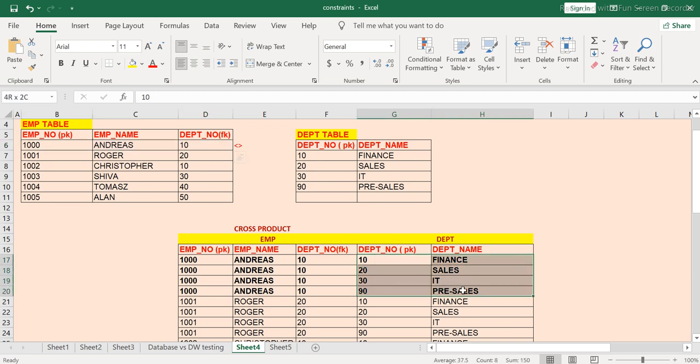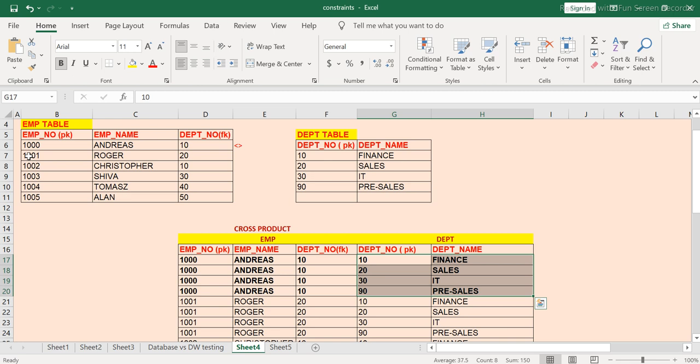This is the department number of the department table, and then the department name of this table. So this is 4 and this is 1, and for this, all these four rows have to be multiplied.